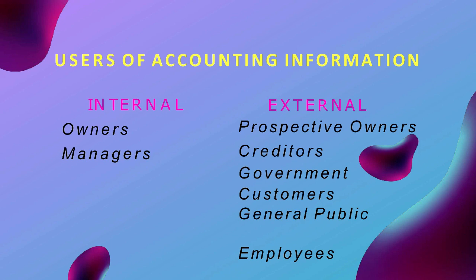And thus they need accounting information for them to be able to decide for the best of the entity. On the other hand, we have external users of accounting information. We have prospective owners, creditors, government, employees, customers, and general public. These people are the people outside the company.